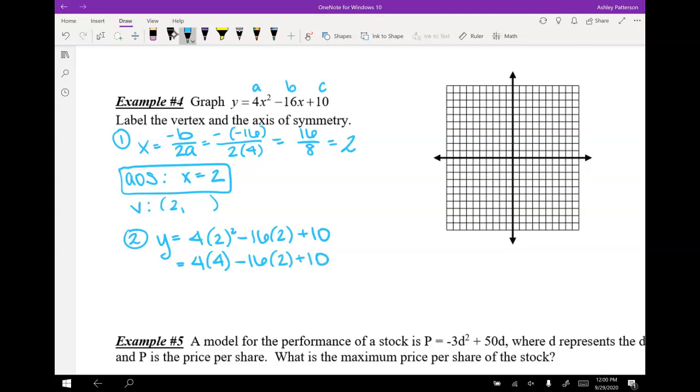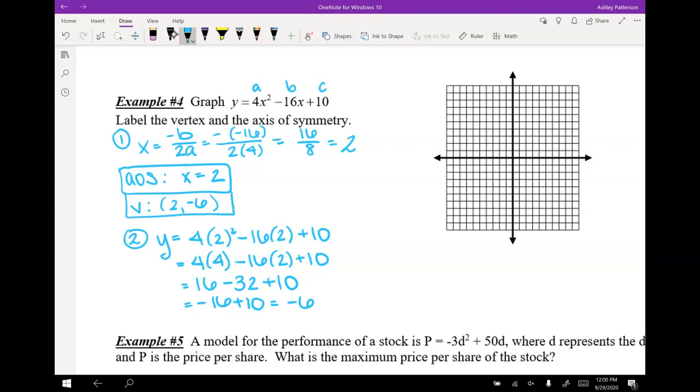I'm then going to multiply, so I get 16 minus 32 plus 10. Again, order of operations. Addition and subtraction we complete from left to right. So we get a negative 16 plus 10, which simplifies to negative 6. So our vertex is at 2, negative 6.